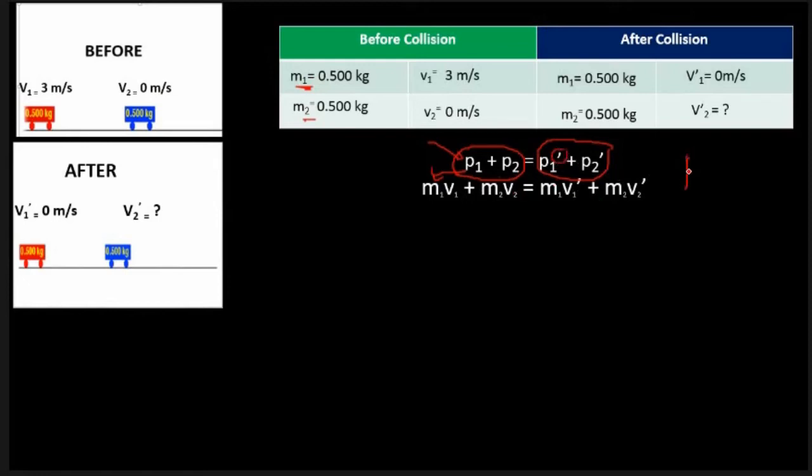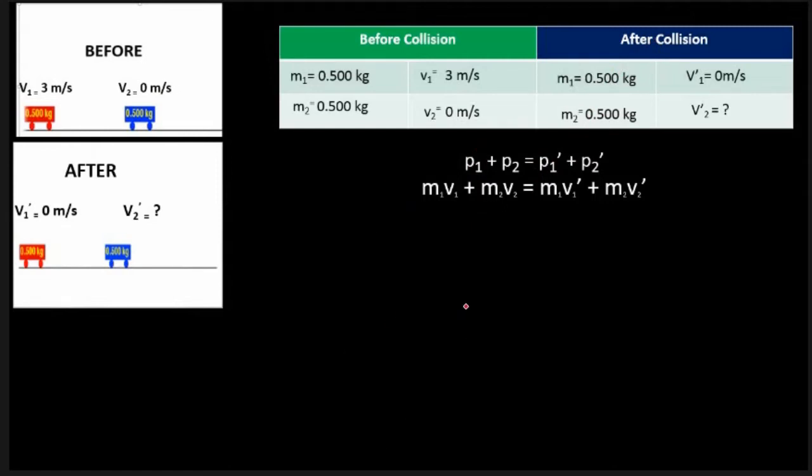We call this prime. We use prime to distinguish one variable from another, and if a variable has a prime, it means after the collision. I hope that is clear.